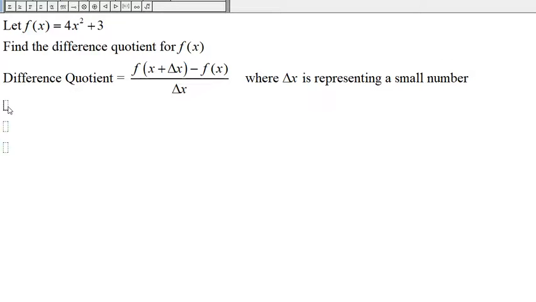And so we could think of delta x as like 0.0001, so a very, very small number.